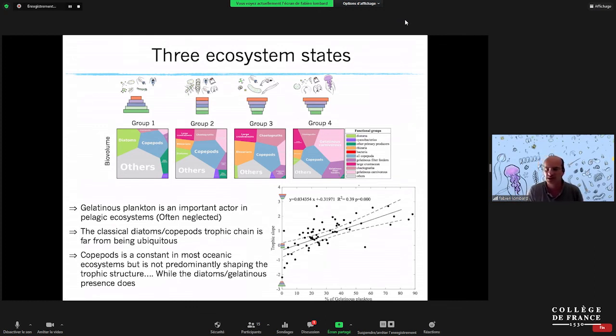So here we have an ecosystem where the trophic state is dominated by a bipole between diatoms on one side and gelatinous plankton on the other side. And together with that, we have those copepods that are always between 25% and 30% of the ecosystem, which is quite constant. So copepods are a constant, but they are not necessarily the ones that control the trophic state of the full ecosystem.